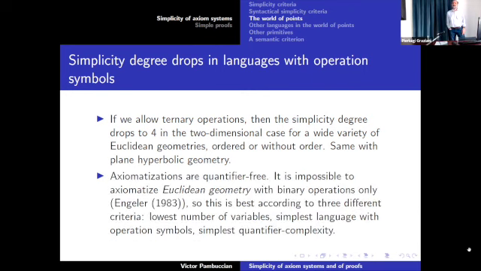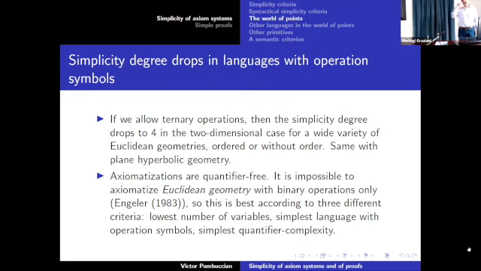The axiomatizations in terms of ternary operations are quantifier free, so they're the absolutely simplest imaginable. So they fit 3 simplicity criteria. It's least amount of variables, right? 4. Least quantifier complexity, everything's universal. And the language is the simplest because it contains just ternary operations.